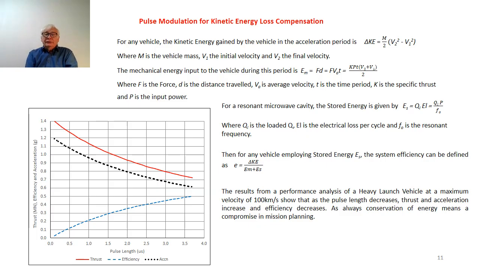And if we do a performance analysis of a heavy launch vehicle, and we'll do this for the very maximum velocity of 100 kilometers per second, this shows that as the pulse length decreases from a maximum of 4 microseconds, the thrust and acceleration, that's the red line and the black dotted line, increase significantly, whereas the efficiency, which is the blue dashed line, decreases.